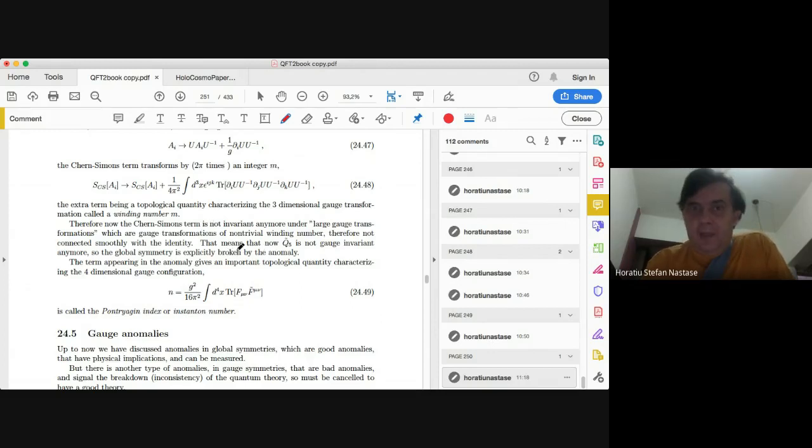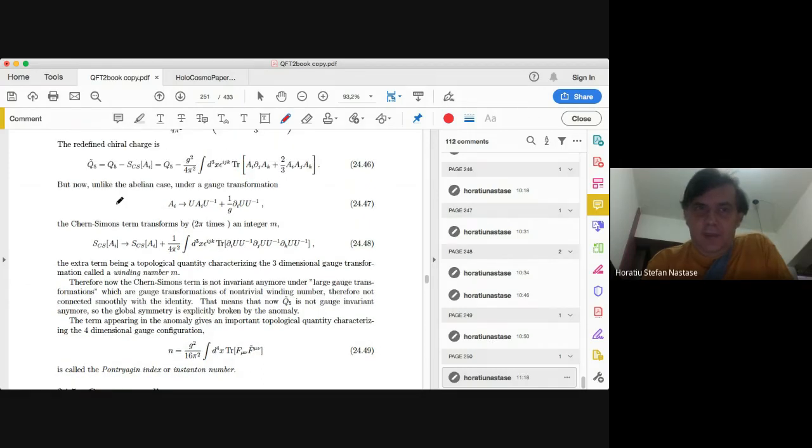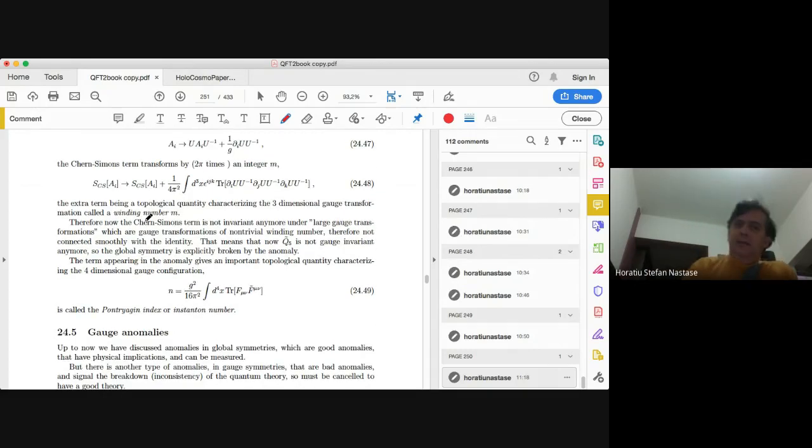Well, that in turn means that Q̃_5 now is not gauge invariant anymore. So the global symmetry is explicitly broken by this anomaly. So in this non-abelian case, the anomaly breaks the symmetry, usually to a discrete subgroup.